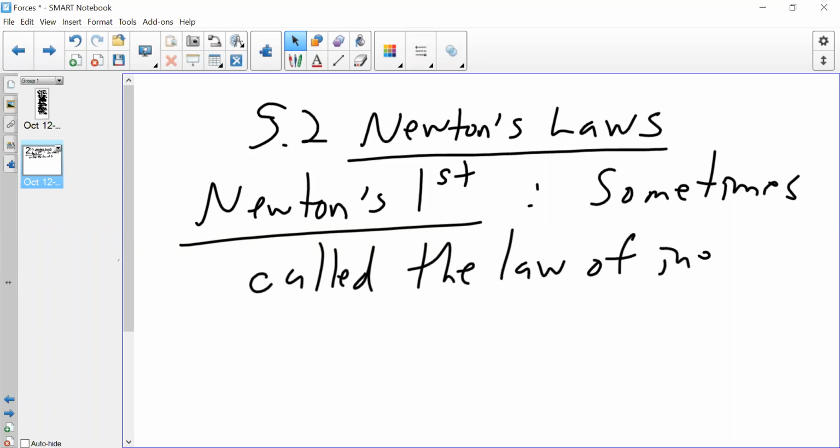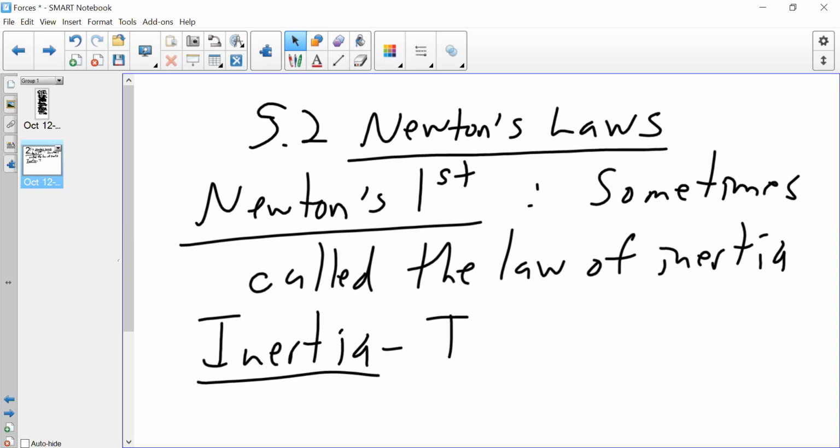And let me explain what inertia is. Inertia is a tendency to resist any type of force. And it totally depends on the mass of your object. So let me just talk about that verbally here.